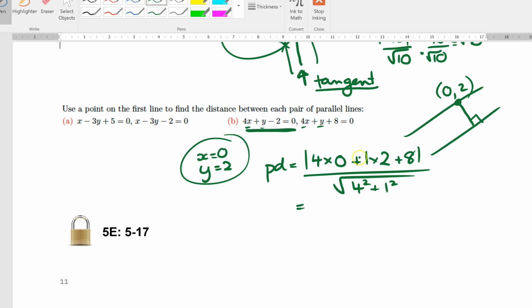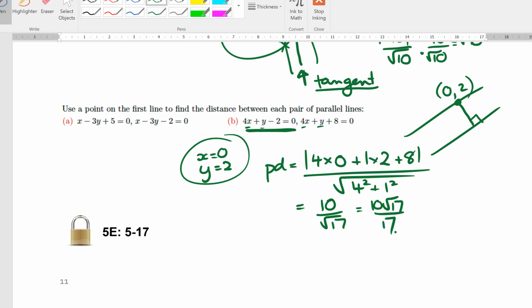So we've got 0, plus 2 plus 8, 2 and 8 are 10. Absolute value of that is just 10, so it's 10 over root 17, which becomes 10 root 17 over 17.